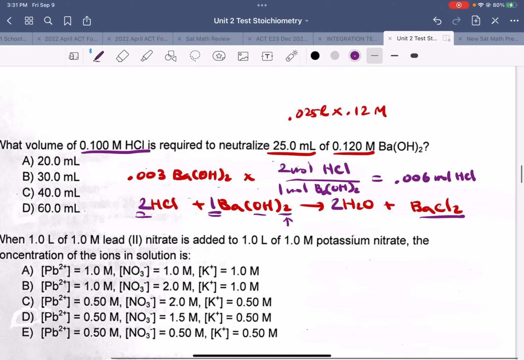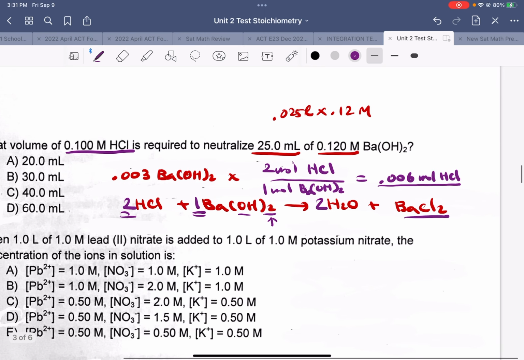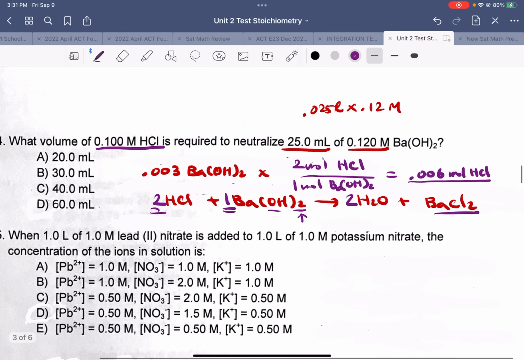So what volume you're gonna have? So from here, you can say 0.006 mole divided by some volume, right? Volume will be then molarity, 0.1 molarity HCl, right? To neutralize.